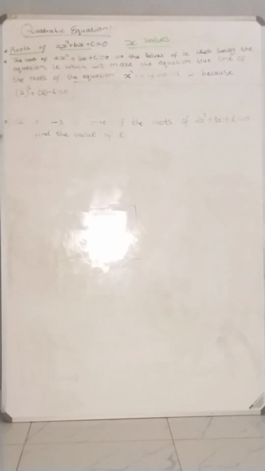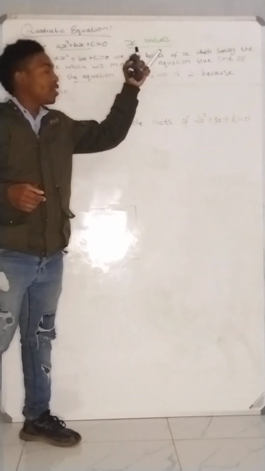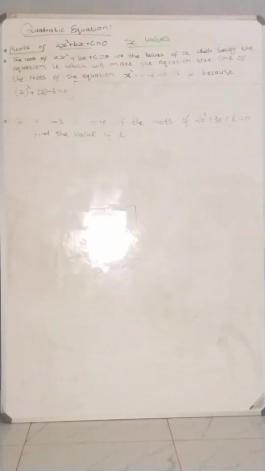Whenever you come across the phrase "the root of the equation," you should know that they are actually referring to the x values. If they ask you to find the roots of the quadratic equation, they are simply asking you to look for the x values.